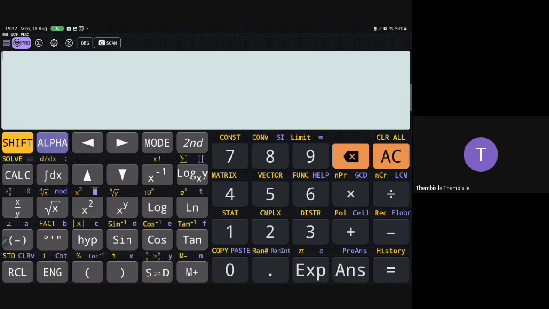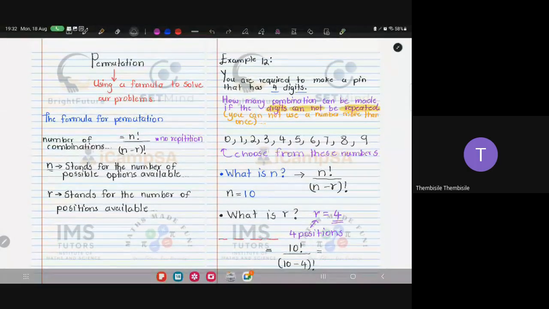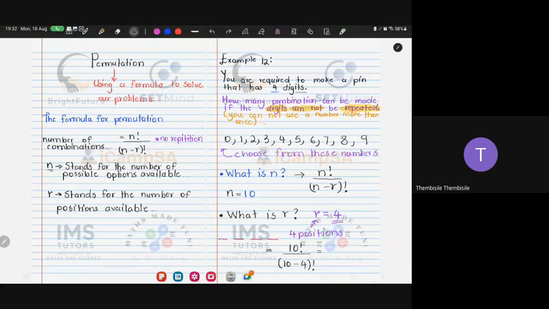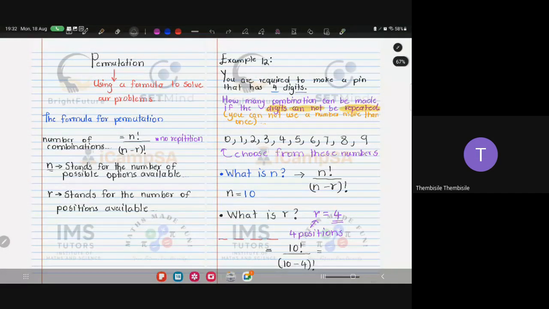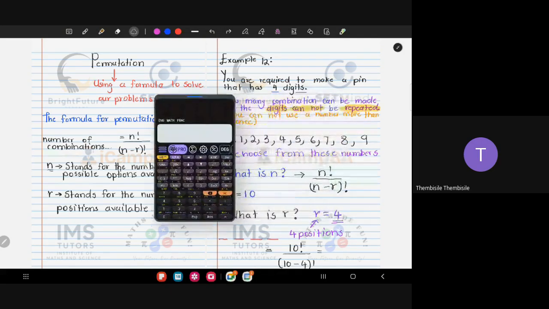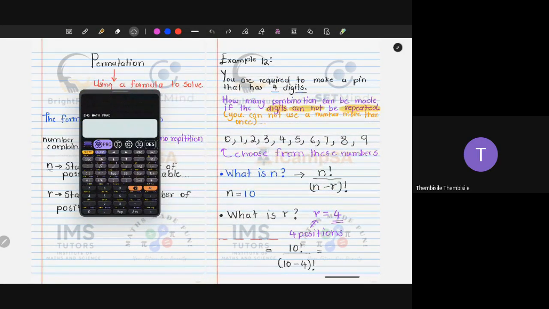So what we are going to do is open our calculator on the side, not so big. So there's our calculator. I'm going to punch that. I need you to make sure that you know how to use your calculator.